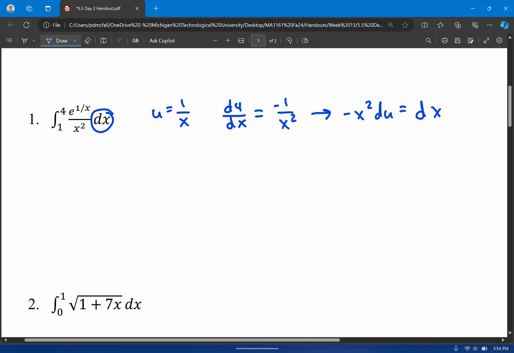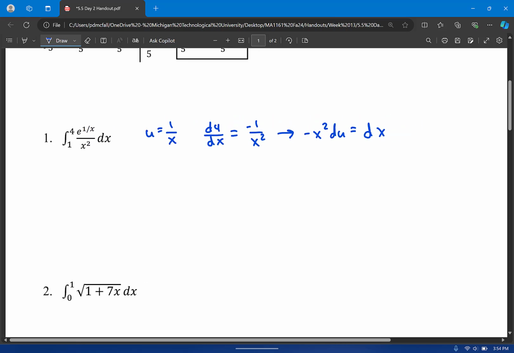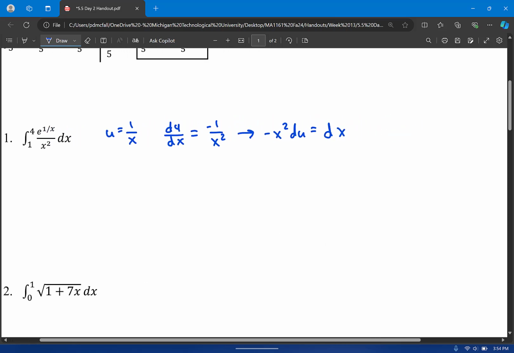Because they're equivalent. We can replace one with another. But I'm going to do a little bit more work, just like in that warm-up example. I'll say also x is equal to 1 means u is equal to 1 over 1, right? Based on our substitution.